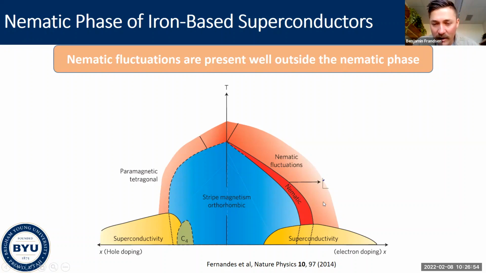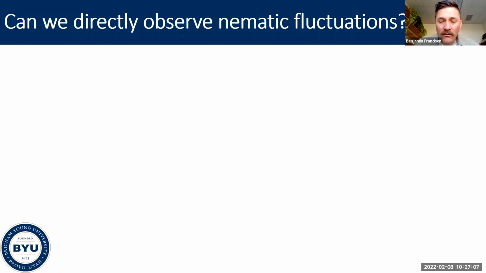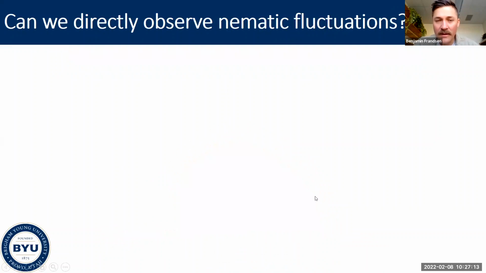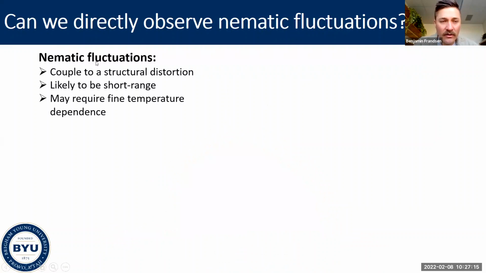Okay, and these nematic fluctuations extend out over the superconducting dome as well, once again suggesting that there's a connection between nematicity and the superconductivity. So we would, of course, like to observe these nematic fluctuations. If they exist and if they're important, then let's try to observe them and study them. And let's think about how we can study them.